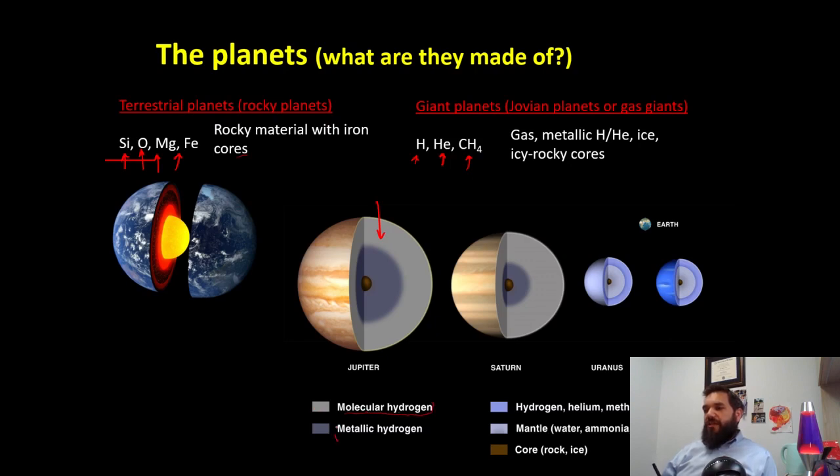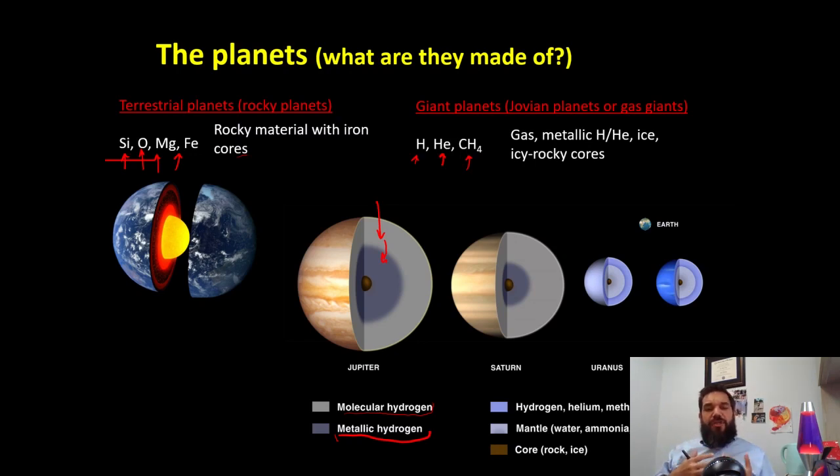But then the second shell is something really weird. Go to the next shell. What do you see? This darker gray color. It's metallic hydrogen. What is that? Well, at the very intense pressures that prevail in the center of Jupiter, because imagine Jupiter, again, almost 400 times the mass of Earth, immense pressures build up in the center of that planet.